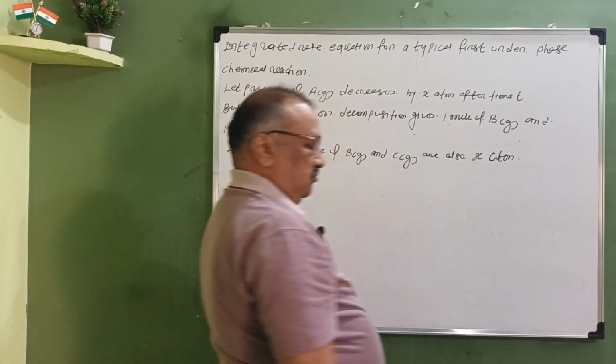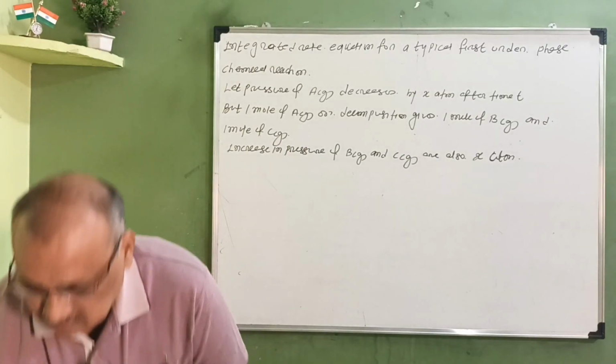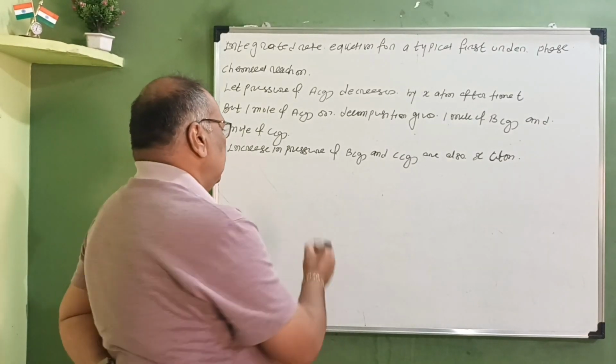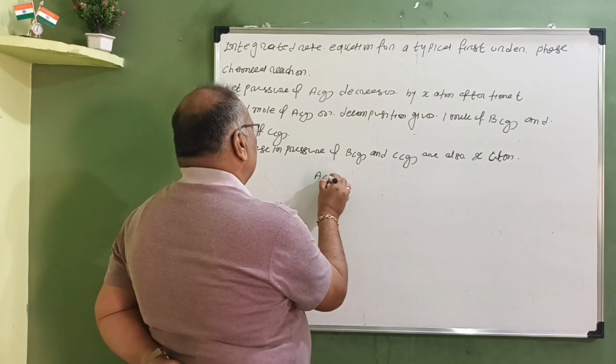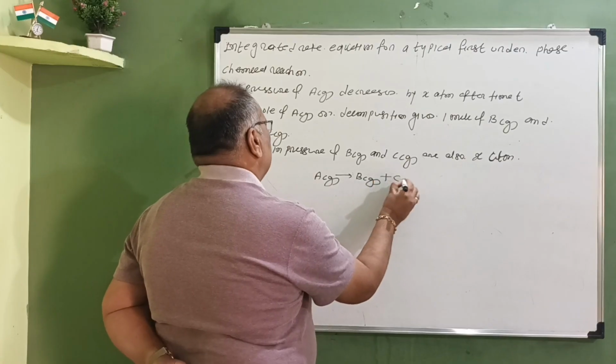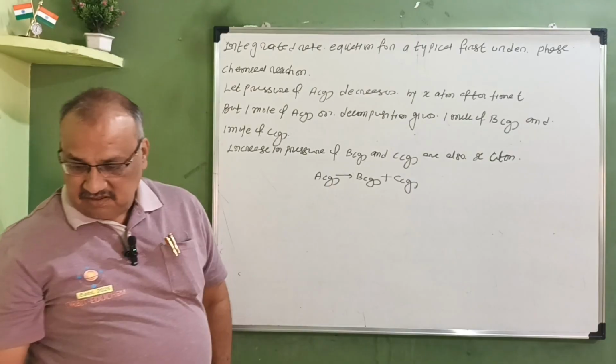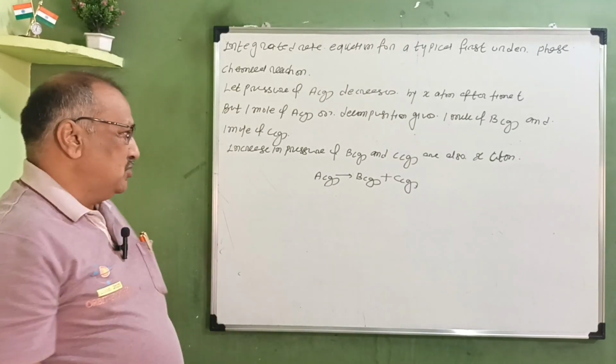Now here draw the table. A gas gives B gas plus C gas. Here initial pressure at time t is equal to 0.